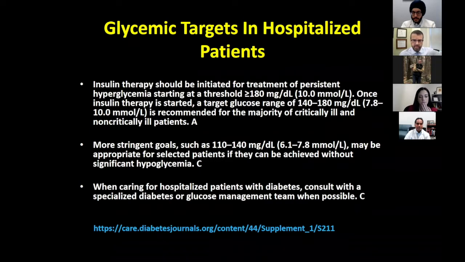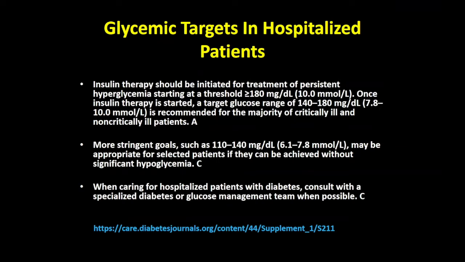And essentially we know that if we can achieve that, we're really going to strike the right balance. Very occasionally, it doesn't happen as often, we may have patients where more stringent goals are appropriate, although the evidence for that is less strong. But there are some patients where we may wish to achieve that.